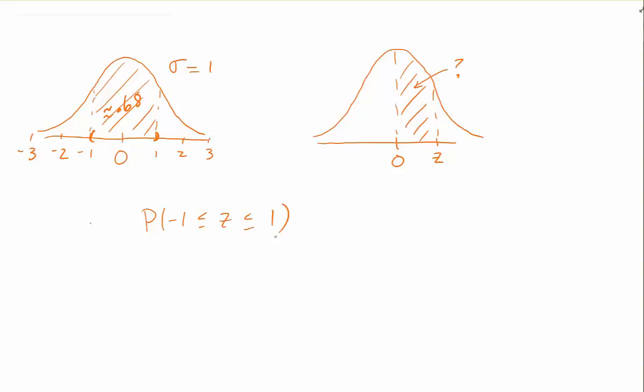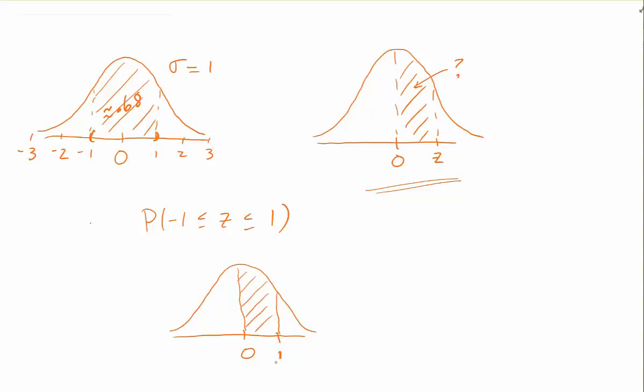So I'm looking at the interval from -1 to 1. So I want to go to the table and calculate the area from 0 out to 1, because again, the table only goes from 0 out to positive z. So I want to find this area or probability.